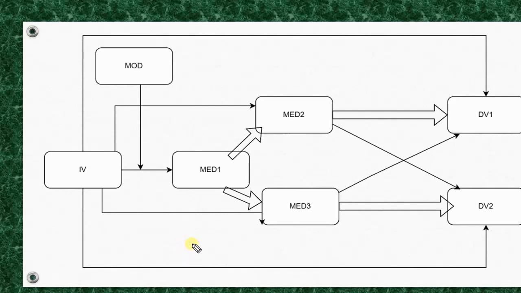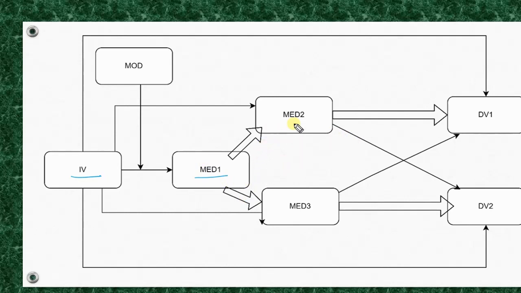So here in this study I have just one IV, an independent variable, definitely a single independent variable I am taking. Here is the moderator. The moderator is between the IV and mediator 1. You can see here I have 3 mediators. For the sake of simplicity, I have renamed the variables instead of mentioning the exact names of my variables.